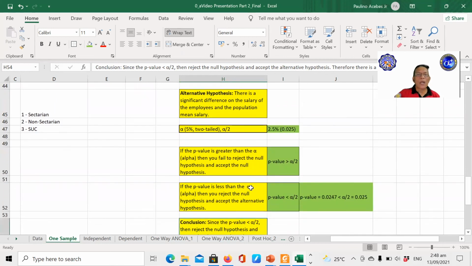And then the conditions are: if the p-value is greater than the alpha, then you fail to reject the null hypothesis and accept the null hypothesis. If the p-value is less than the alpha, then you reject the null hypothesis and accept the alternative hypothesis. This is very important for us to decide and to give conclusions for our data.